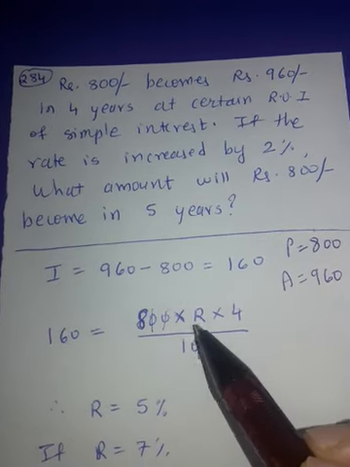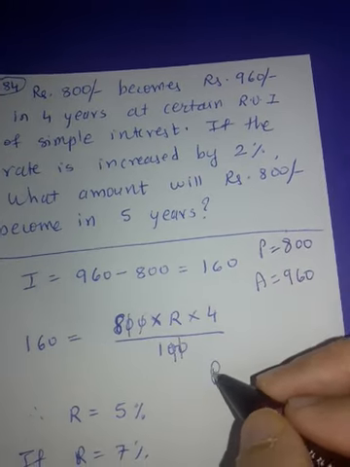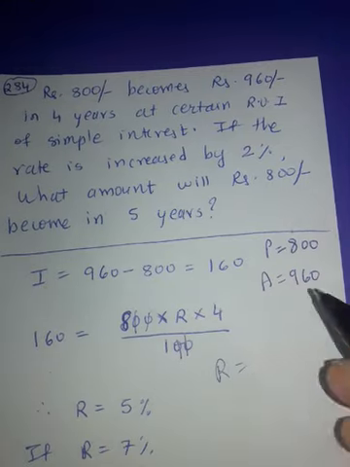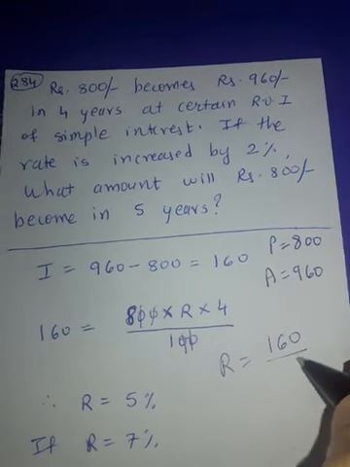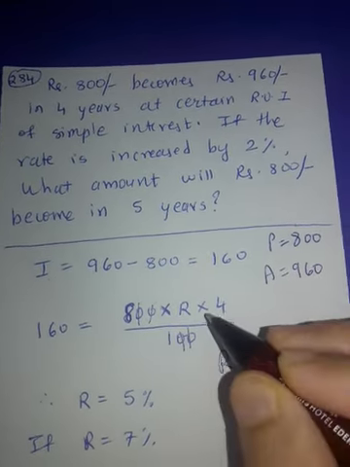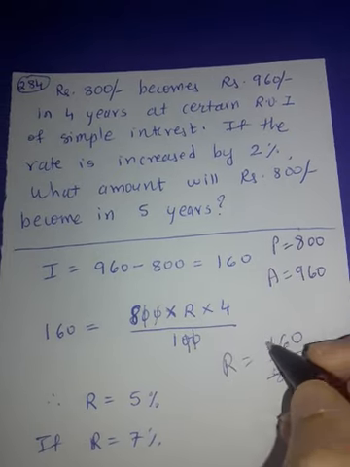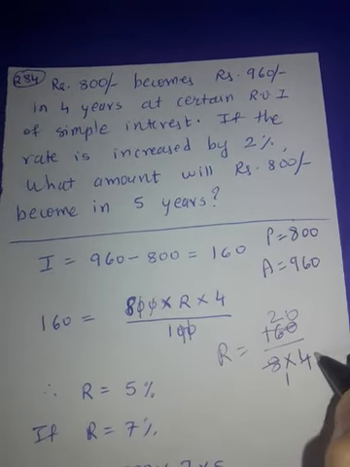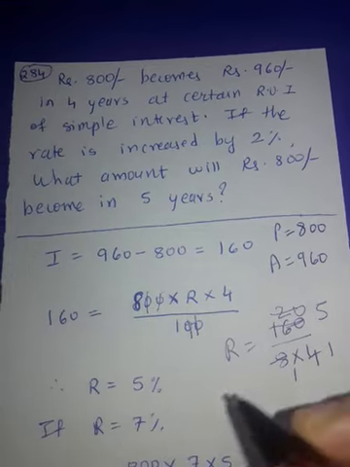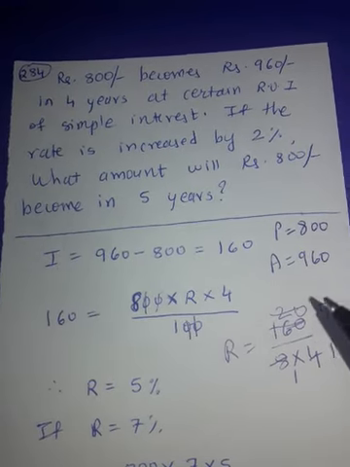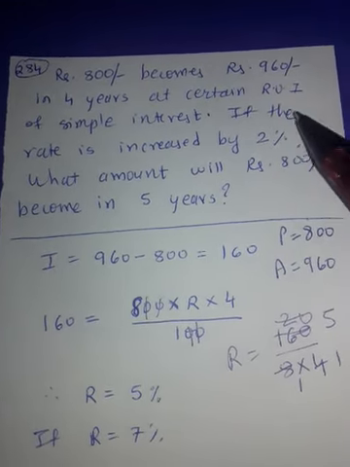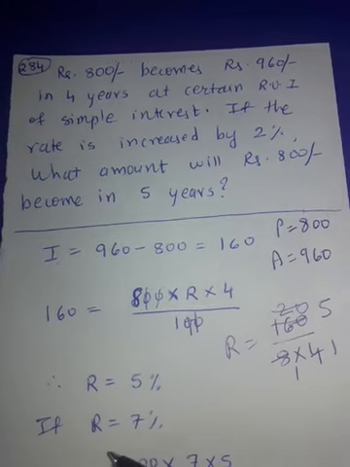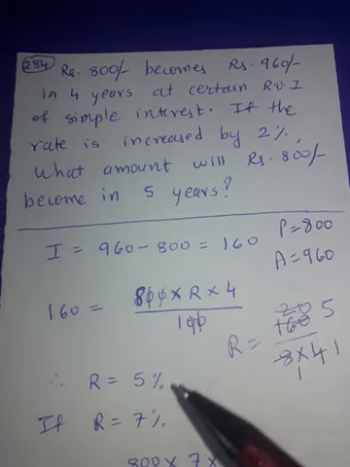So how will we find R? R will be 160 upon 8 into 4, with 8 into 4 going to the denominator. So R is 5%.